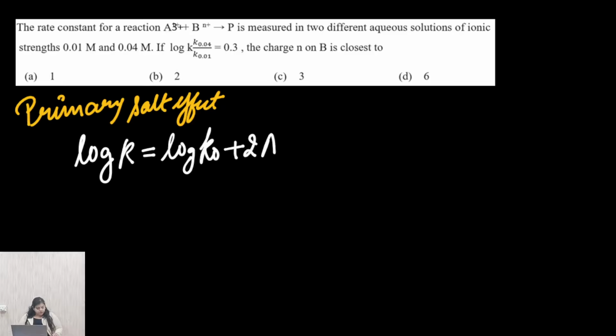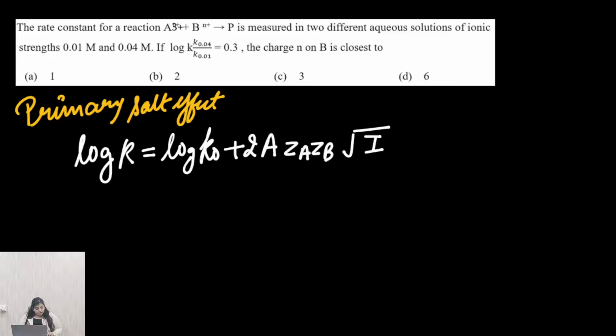which explains the kinetics of reactions taking place in solution. For this, the rate expression that we write is log of K equal to log of K naught, where K naught is the rate constant when these species are not in the solution, plus 2A times ZA into ZB, where ZA and ZB are the charges on the ionic species, into the root of I, where I is my ionic strength.